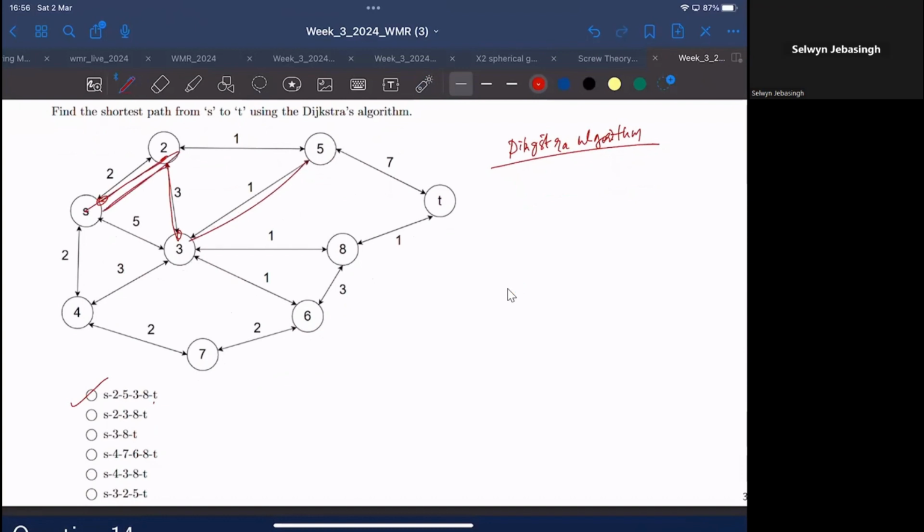Sorry, I think I messed it up. Starting from S, it goes to 2, then it goes to 5, then it comes back to 3, then 8, then 1. So the total cost would be 2 plus 1 plus 1 plus 1. So 2 plus 1, 3 plus 1, 4, 5, 6.